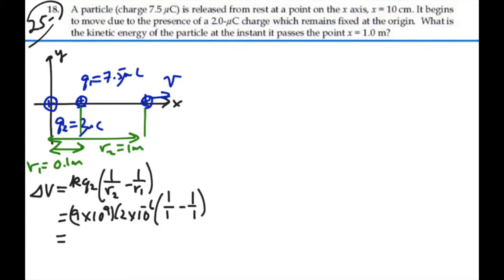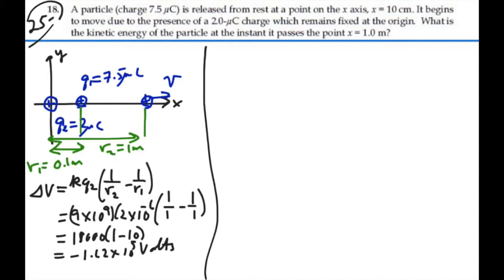And what is this? It's going to be 18,000 times (1 minus 10), and that's going to be a negative 1.62 times 10^5 volts. That's the potential difference that charge Q1 goes through.